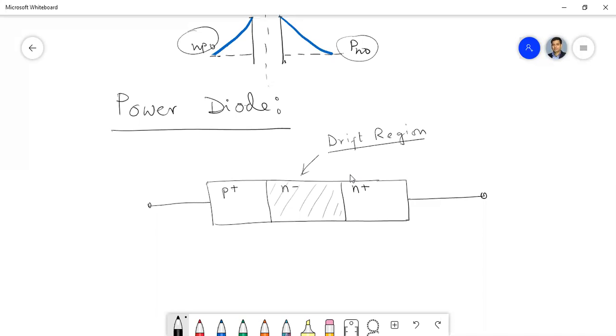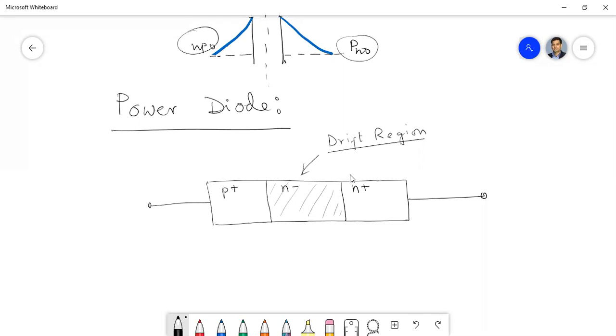This dictates or determines the PIV, that is the reverse breakdown voltage, and also the on-state resistance or on-state voltage drop. So these two things are determined by the drift region itself.